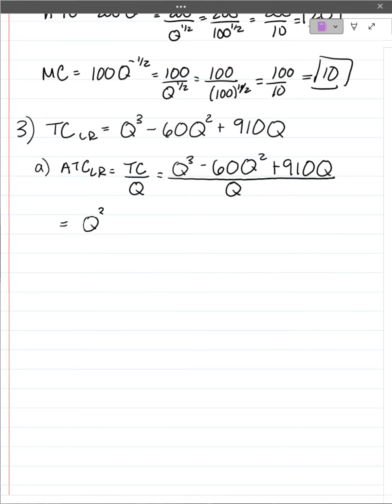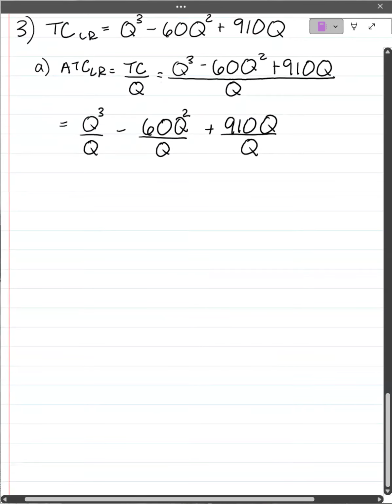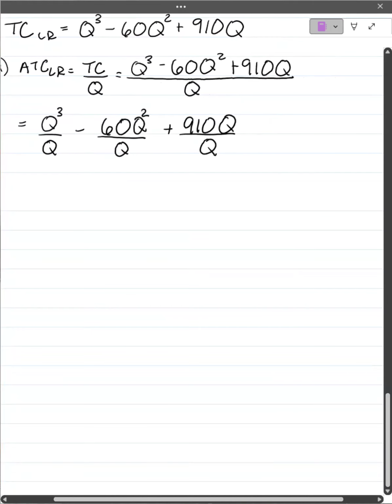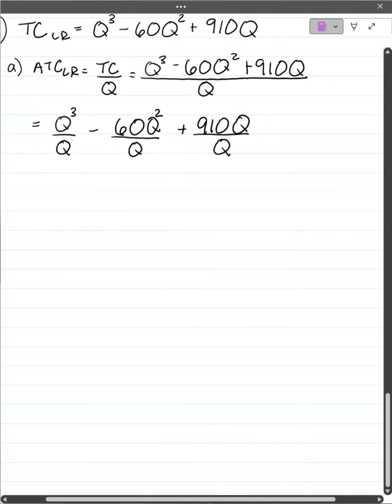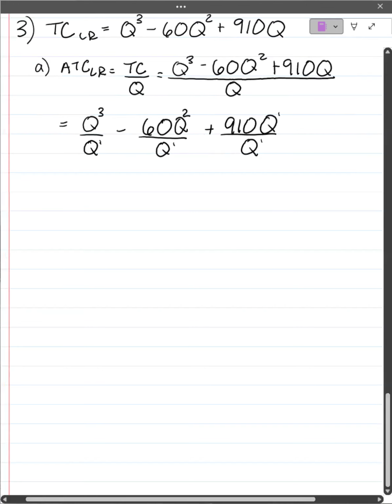So we'll have quantity cubed over quantity minus 60 times Q squared over Q plus 910 times quantity all over Q. And from here, we can simplify. So note that the quantity variable in the denominator of each fraction has a 1 exponent, as does the quantity variable in the last term of this equation.